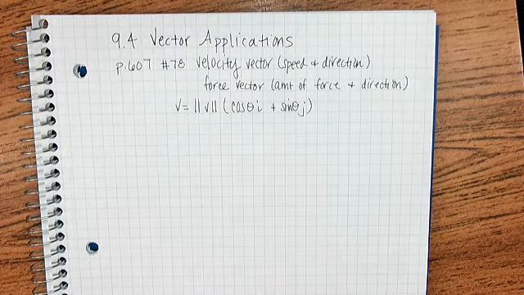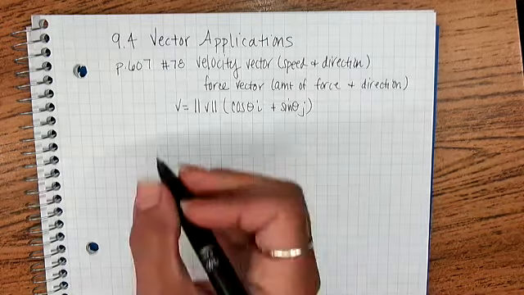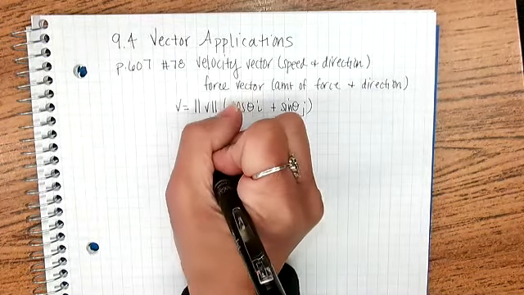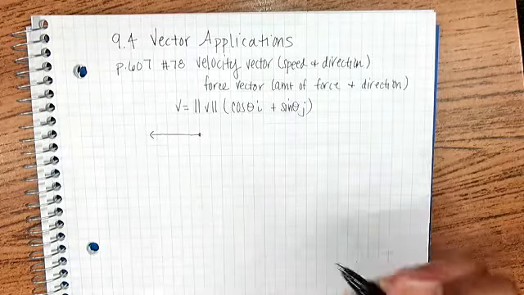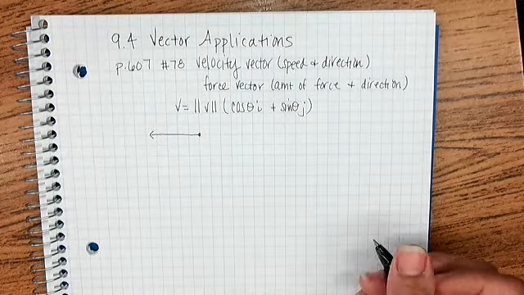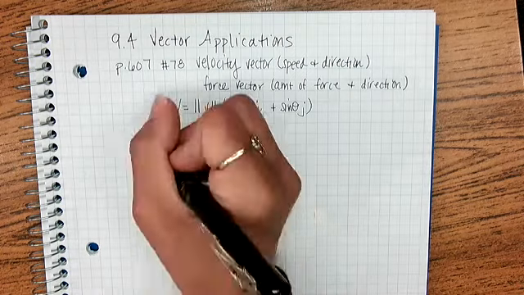All right, so for this particular problem, we have the plane is going due west. How fast? 500 miles an hour.